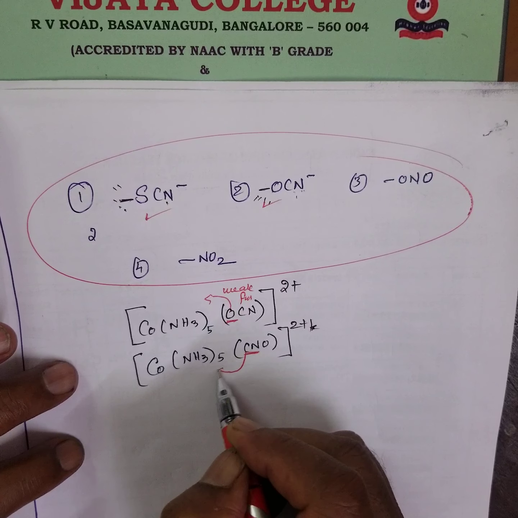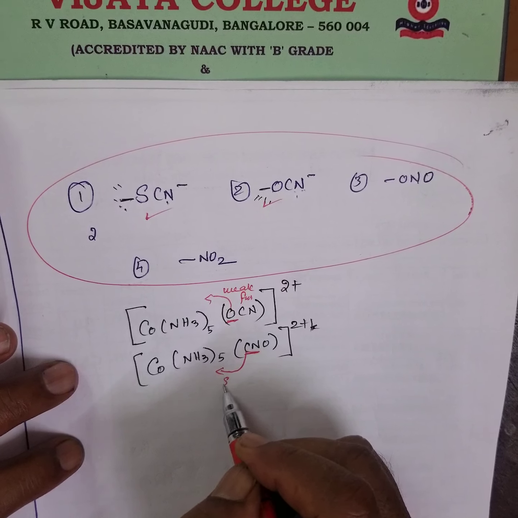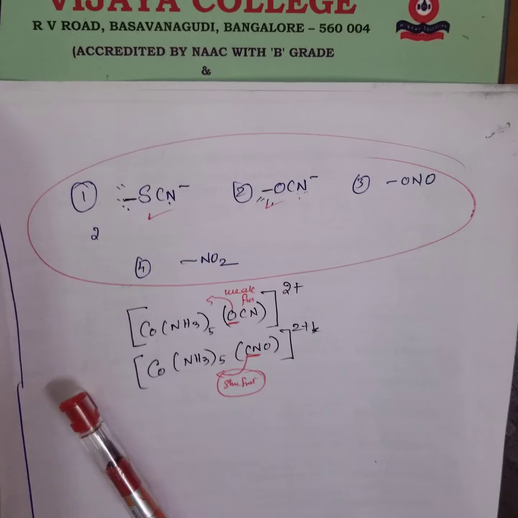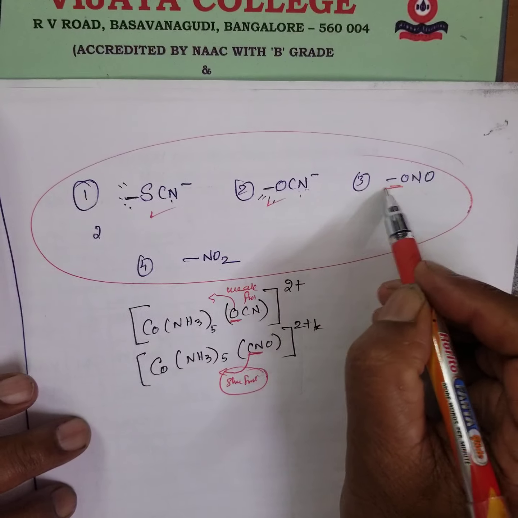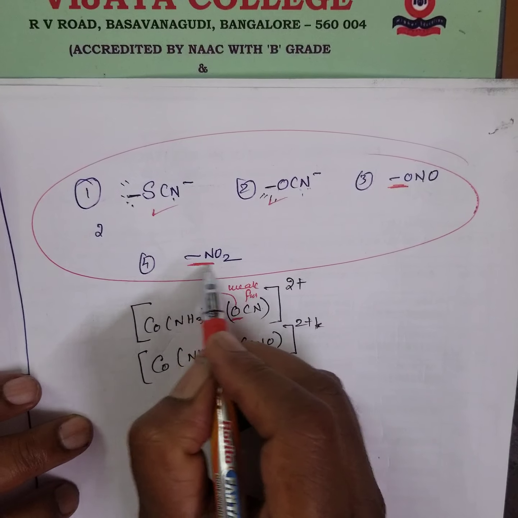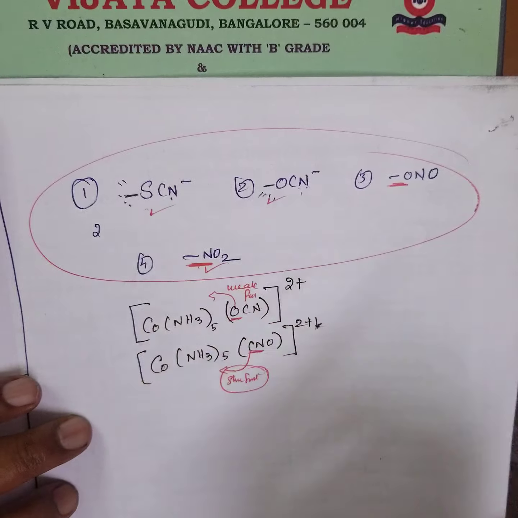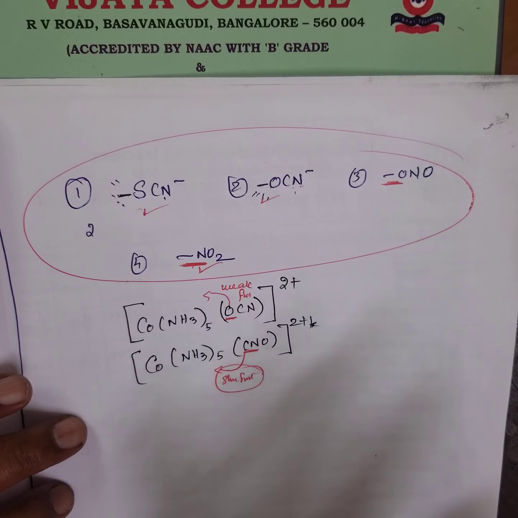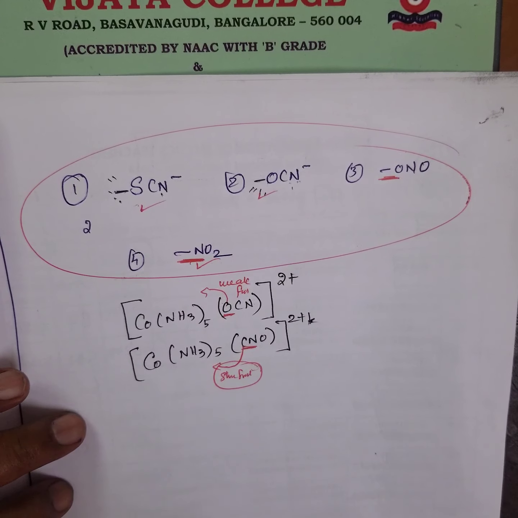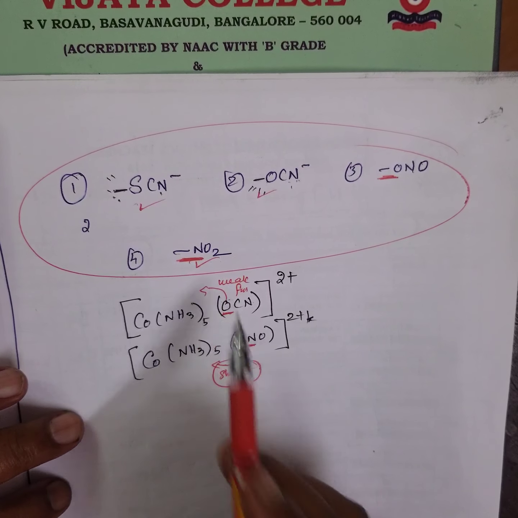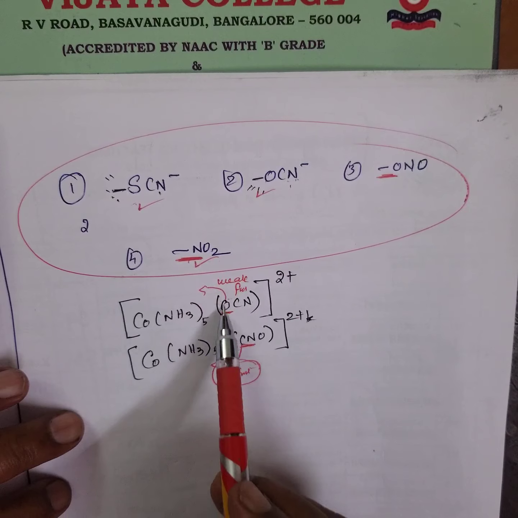Carbon is the donor, it is a strong field. Here what happened? This is oxygen is the donor, here nitrogen is the donor. Whichever they put in front, that is the donor. Simple. For any competitive exams, follow this. And you must know which is weak and strong. This is strong, this is weak. See this one. Depends upon the trends.